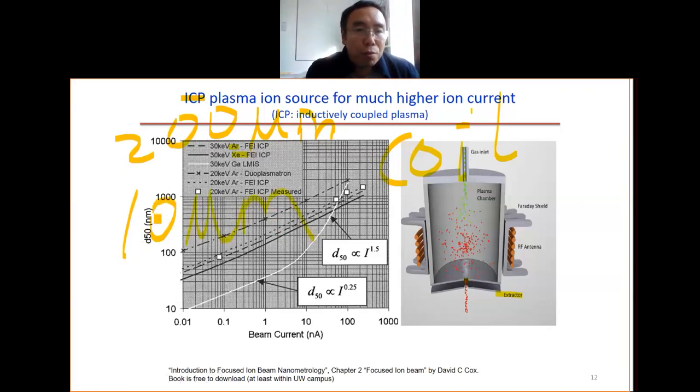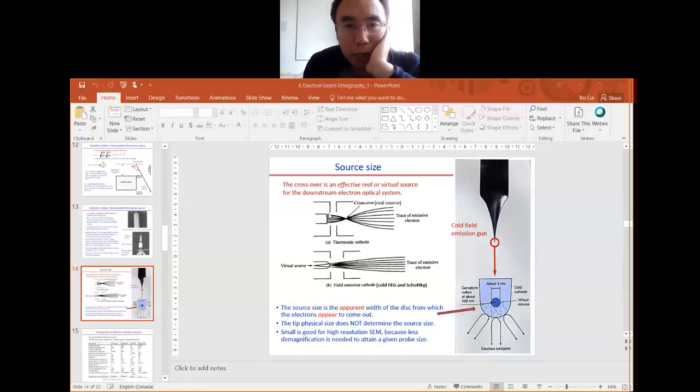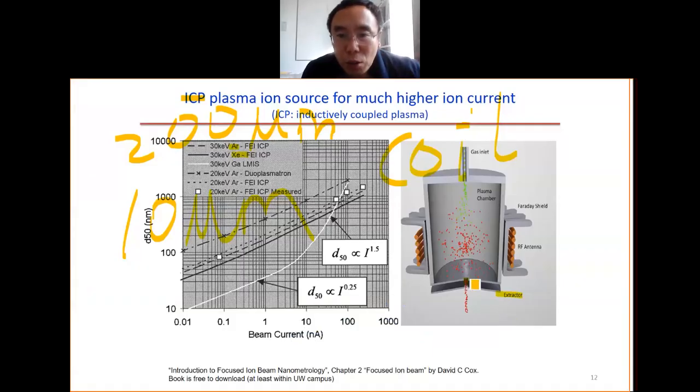If you don't remember, I will show you again. Even though the beam looks very big, this is the real size, and the virtual source is also very small. That's what I said previously. Even though here is 200 micrometer, the actual virtual beam size is about 10 micrometer. It's not small, but it is okay.